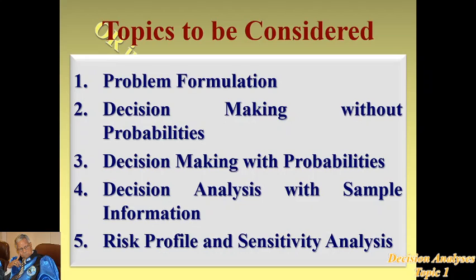This means that in our course, we will consider only the first four topics. Topics number 1, 2, and 3 will be considered in this video, while topic number 4 will be considered in the next video.